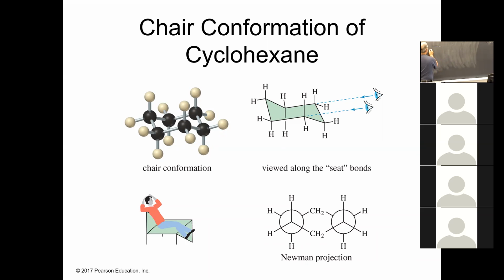So we draw our chair. These are the alternating axial positions. These are the equatorial. The 3 on the right point to the right, the 3 on the left point to the left. These are the equatorial.